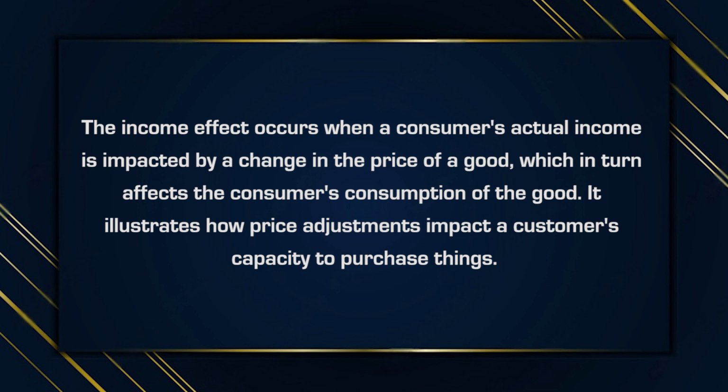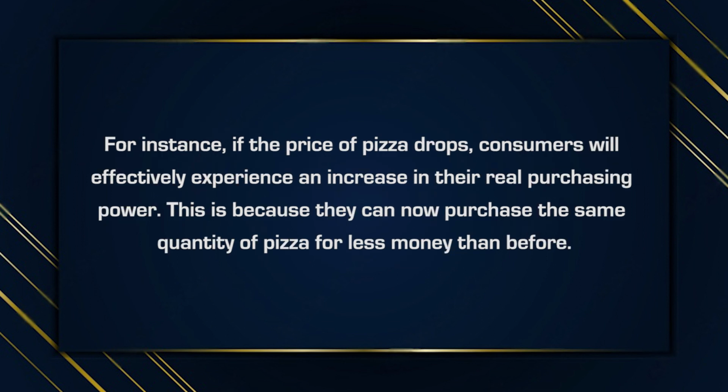It illustrates how price adjustments impact a customer's capacity to purchase things. For instance, if the price of pizza drops, consumers will effectively experience an increase in their real purchasing power. This is because they can now purchase the same quantity of pizza for less money than before.